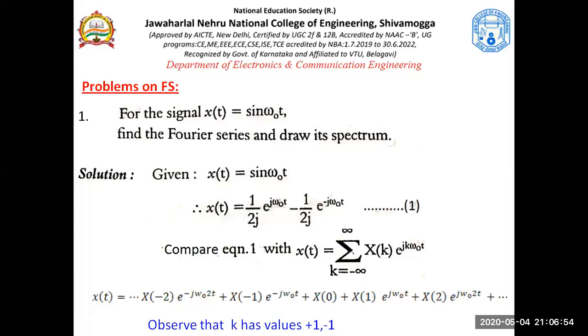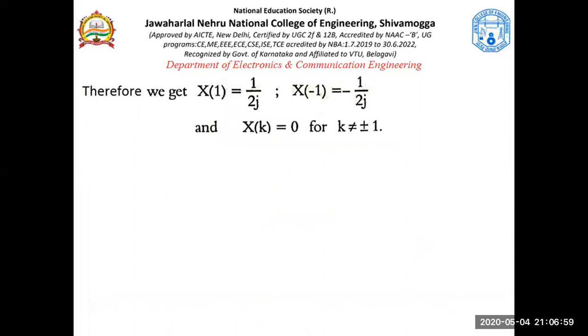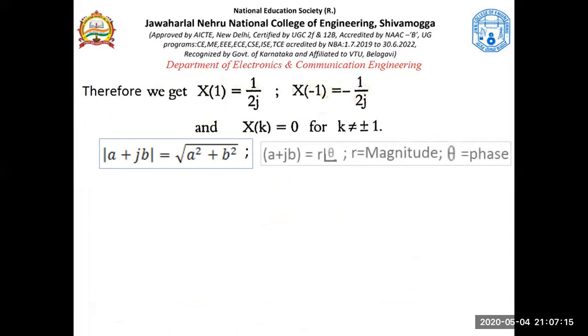If you are given a complex number a plus jb, the magnitude can be taken as the square root of a squared plus b squared. Or you can convert a plus jb into r theta form. This is rectangular form, this is polar form. In polar form, r is the magnitude, which equals the square root of a squared plus b squared, and theta is the phase.